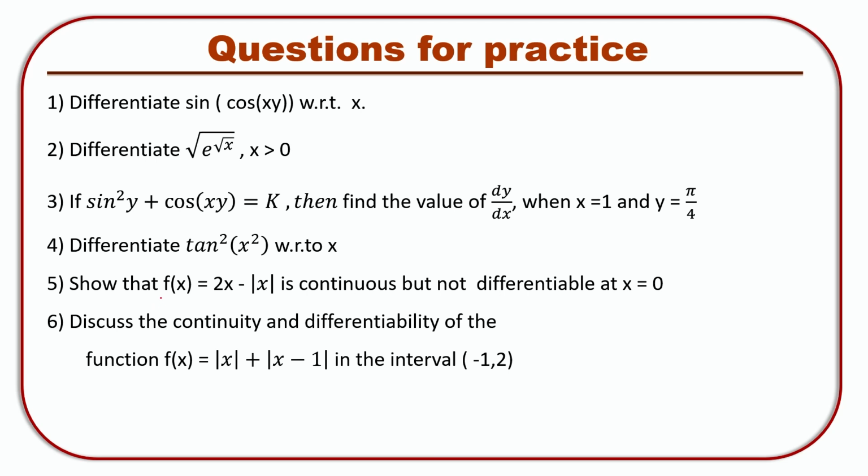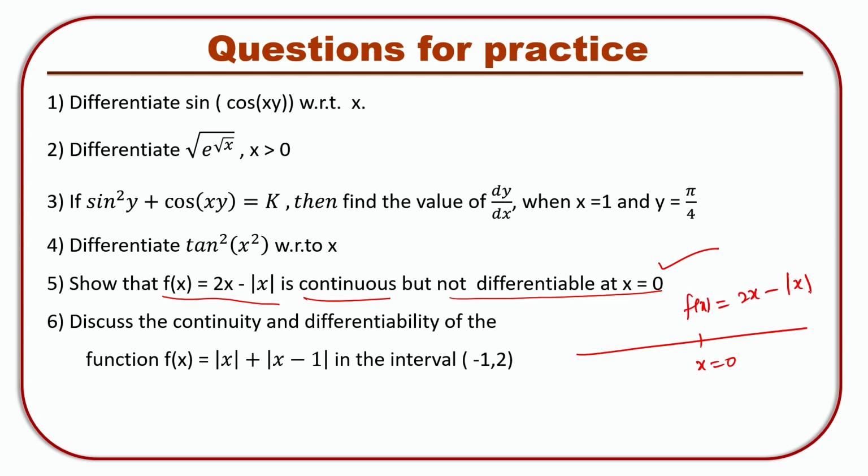So look at some of the functions. Can you show that f of x equal to 2x minus modulus of x is a continuous function at x equal to 0, but not differentiable at x equal to 0? Let me try for you. So we have here x equal to 0, and f of x is given with modulus of x.